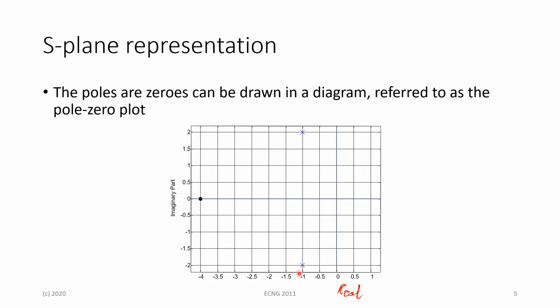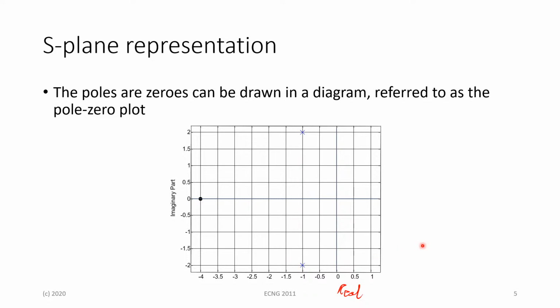We knew that the real component would have been at minus 1, and then it was plus or minus 2j. The poles here are mapped by x's. So when you're doing a pole-zero plot, the zero is mapped by a dot, and the poles are mapped by x's.